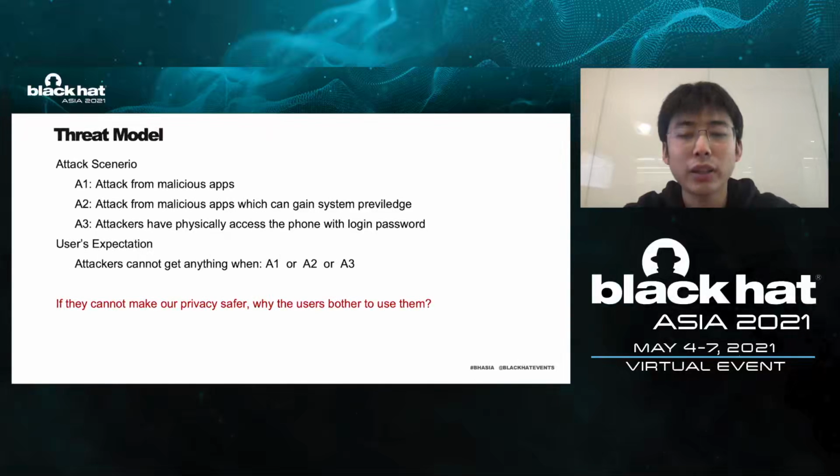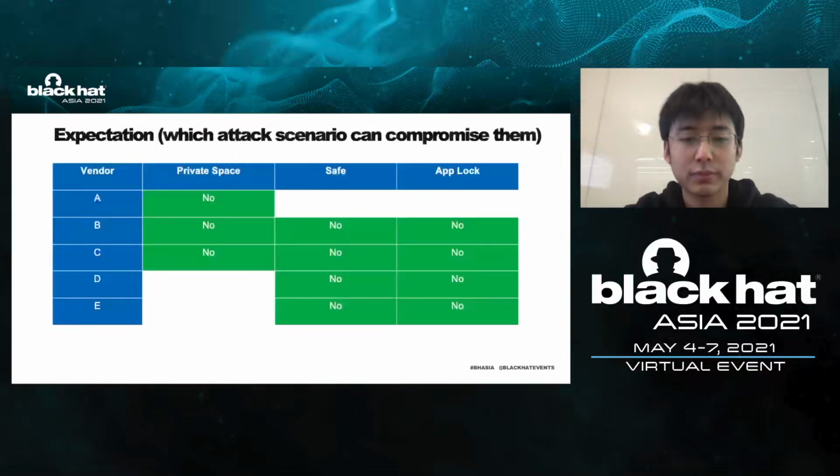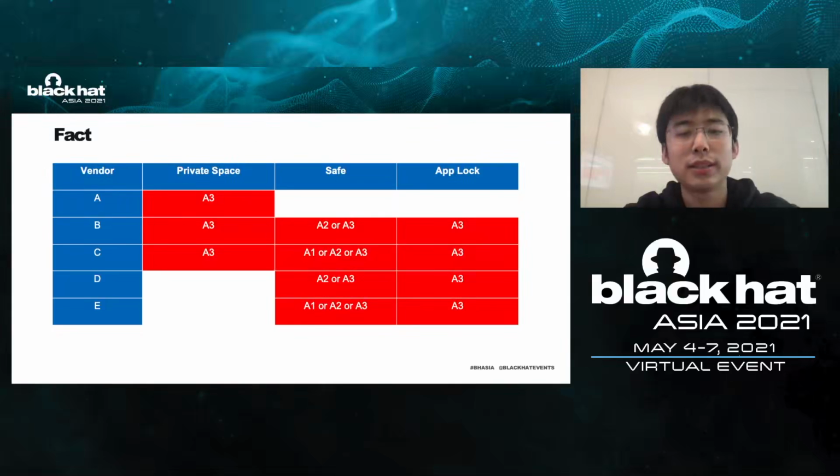If they cannot make our privacy safer, why would users bother to use them? So this slide shows our expectation about which attack scenario can compromise them, or not. But the fact is, all of them can be compromised. My colleague Zhang Xiangqian will detail them.